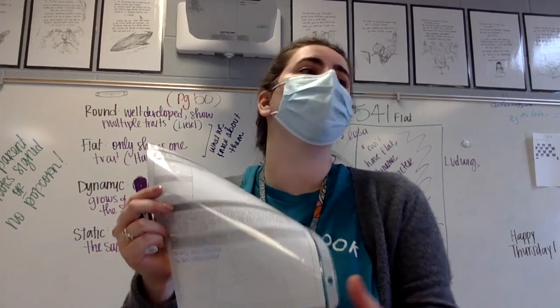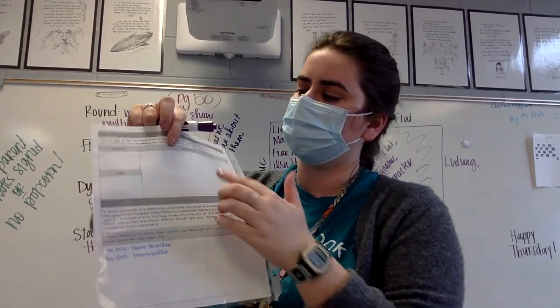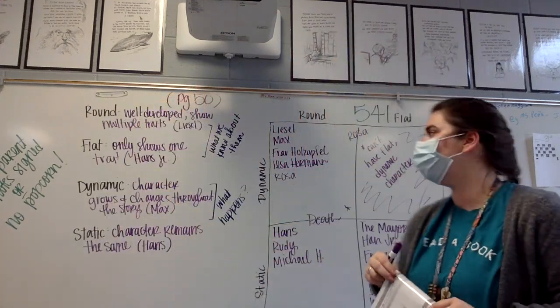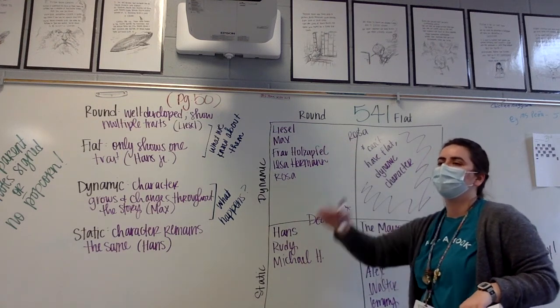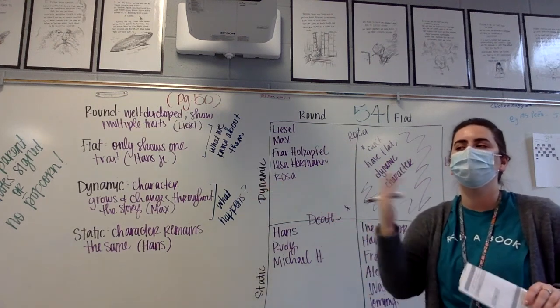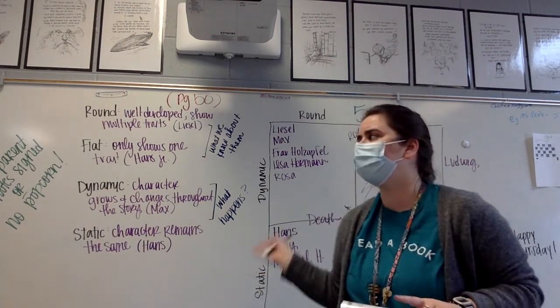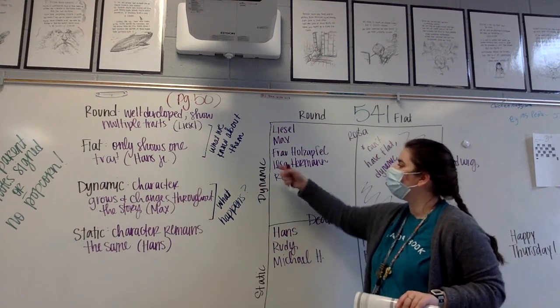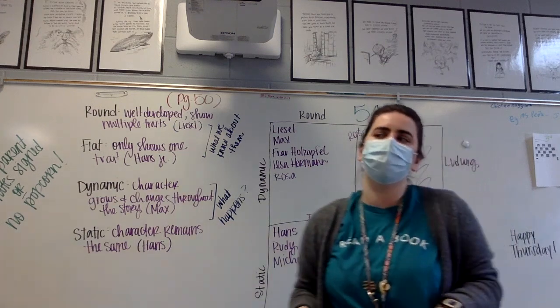And then you're going to say if your character is dynamic or static. And then in this box, I want you to write 3 to 5 sentences explaining why. You might say, Frau Holzapfel is round dynamic because, and then you've got to tell me why. You've got to use evidence. You've got to prove, for whatever you pick, why they're static or why they're dynamic and why they're round or why they're flat. And I'm going to check this.